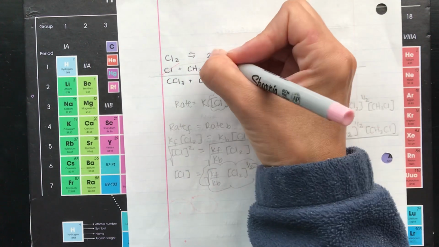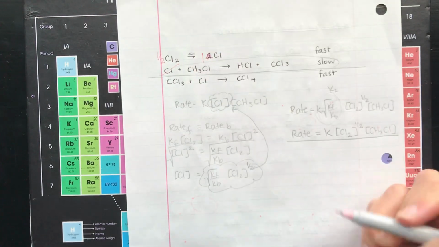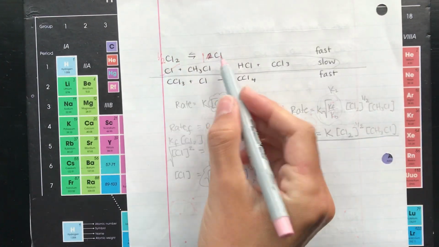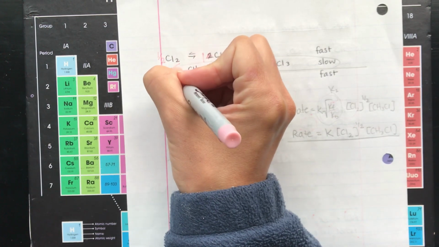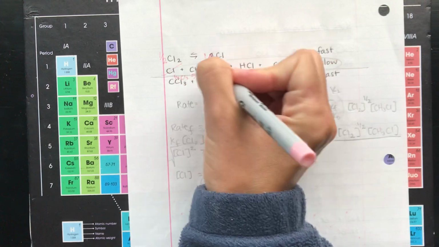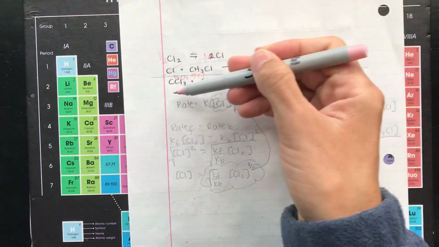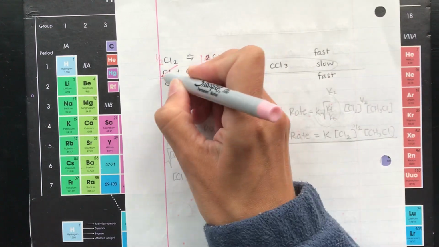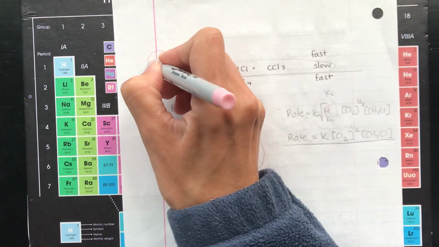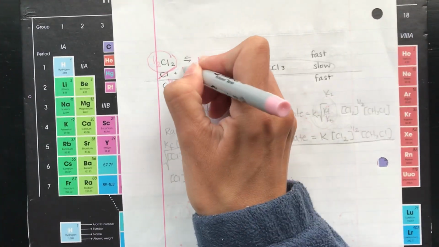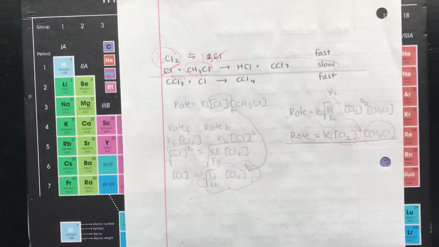So what we need to do is multiply this by a half, and then imagine the rest of this is sort of happening down here. Half of a Cl2 turning into the other Cl. So you're using the first half of it for the second step, and the second half of it for the third step, which means now I can cancel chlorine and chlorine, and I'm left with half of a Cl2 and a CH3Cl, which, of course, matches our rate law.